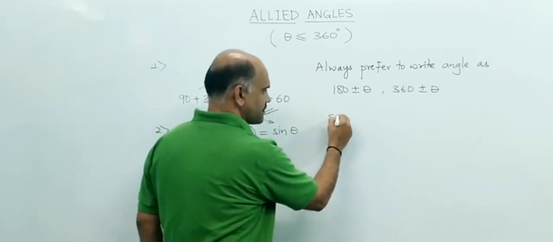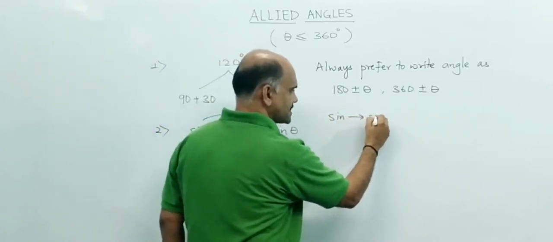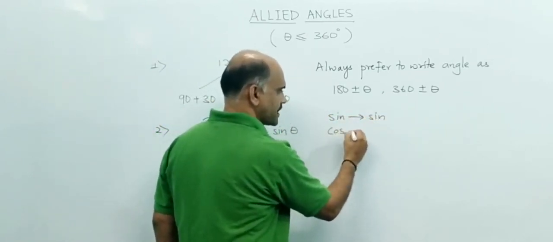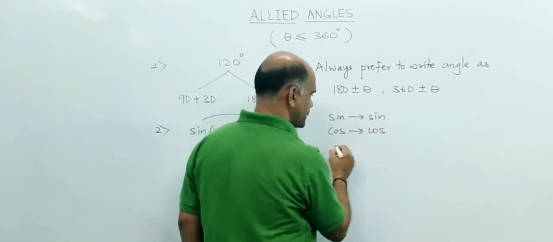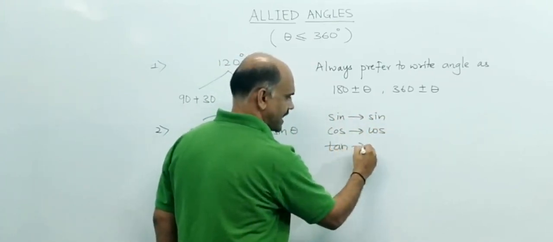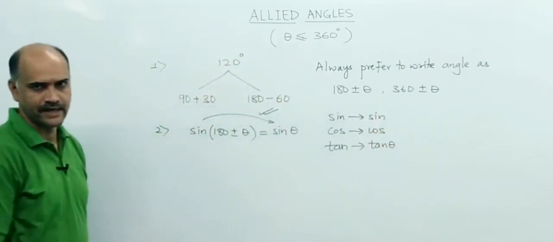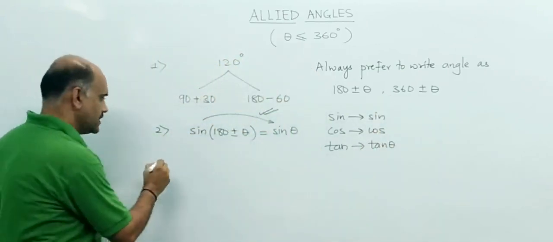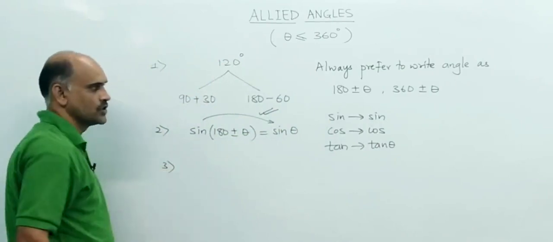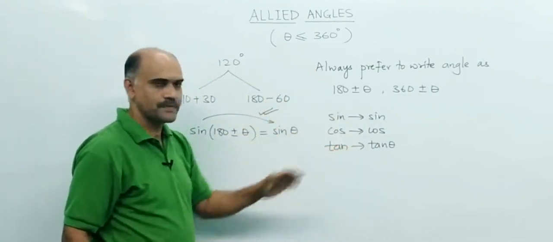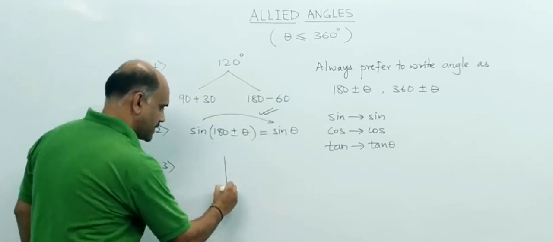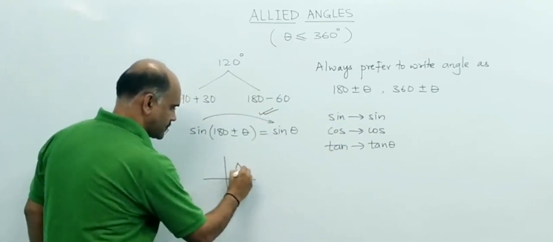So second step: sin remains sin, cos remains cos, tan remains tan, all the functions remain as they are. In the third step, whether the answer will be plus or minus depends upon the ASTC rule.